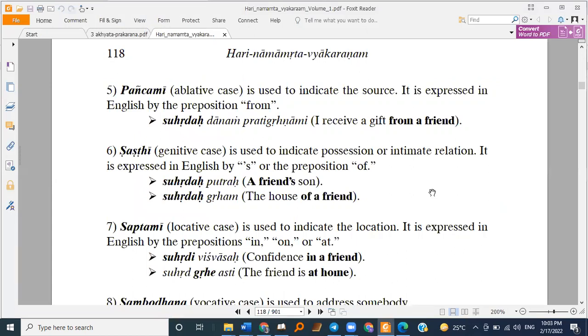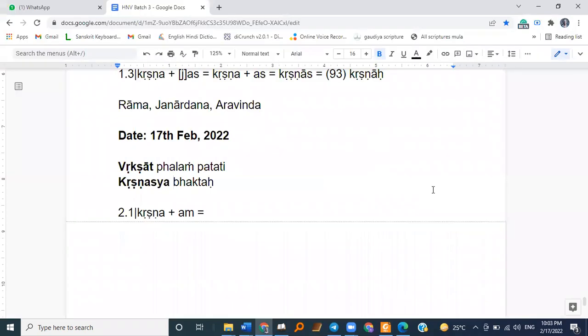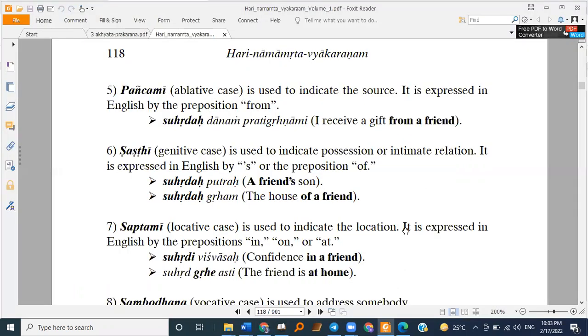Like, let's say, putrasya pita, the father of a son. That's also a relation between two people. Guru devasya shishya, so a disciple of Guru. So again, a relation between the two, and likewise asya janmadi, let's say in the first verse.